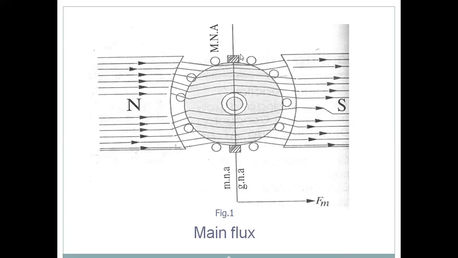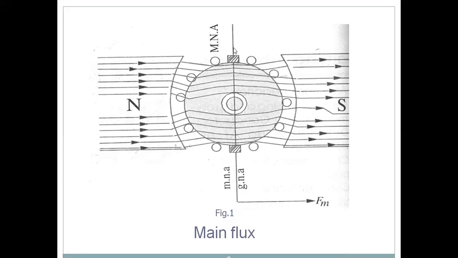In that axis, EMF will not induce. Why? Because these conductors are running parallel to this main field flux. Due to that, flux cut will not take place, EMF will not induce.